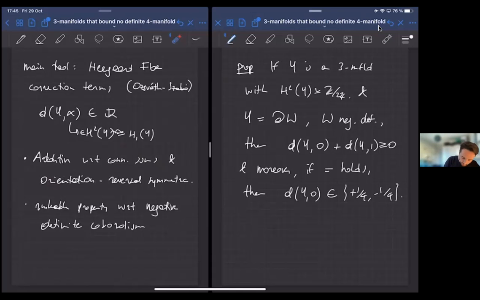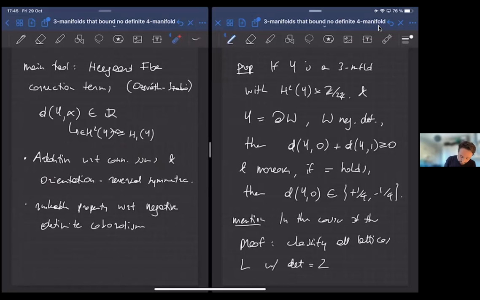Great. And I want to mention that in the course of the proof of the second statement, you need to classify all lattices L with determinant equal to 2.